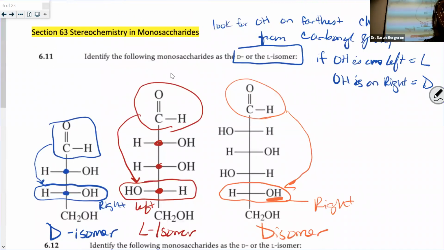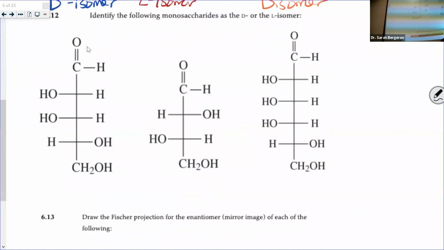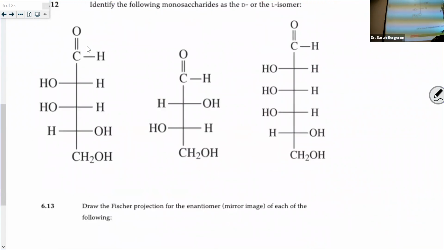Okay, so now we're going to talk about stereochemistry, not section 63, section 6.3. So stereochemistry is all about that 3 dimensions. You know, what's coming out of the paper at you, what's going in, how things are arranged in 3 dimensions. So when we talk about isomers in sugars, we identify our isomers as L isomers or D isomers.